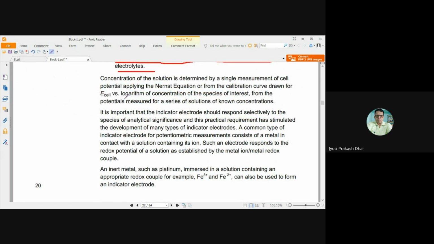Here, the concentration of the solution is determined by a single measurement of the cell potential by applying the Nernst equation, or from a calibration curve that is drawn by taking E cell versus logarithm of the concentration of the species, from the potential measured for a series of solutions of known concentrations.